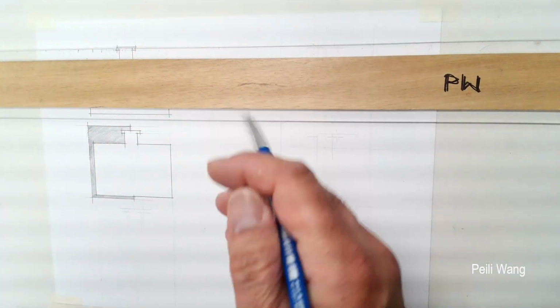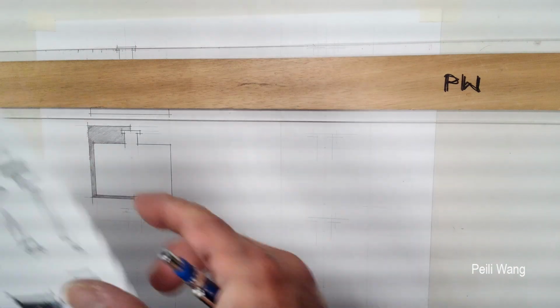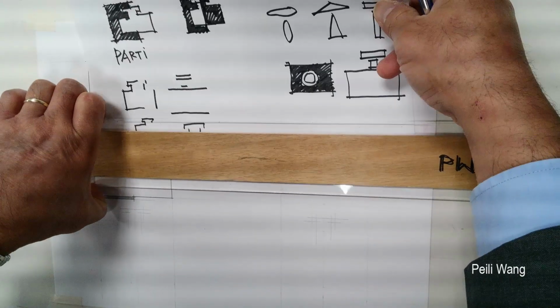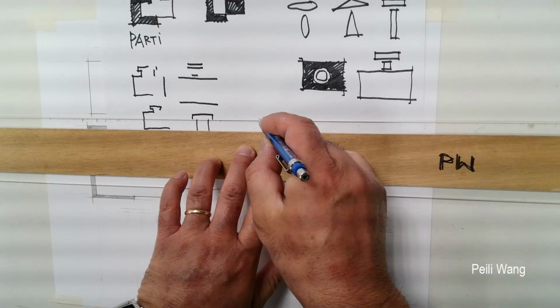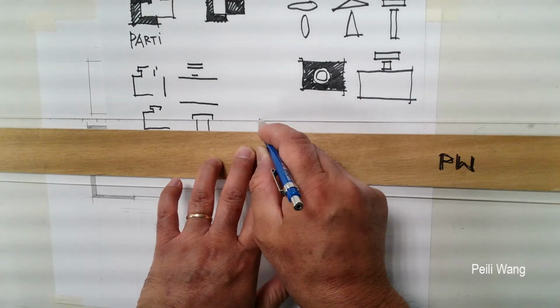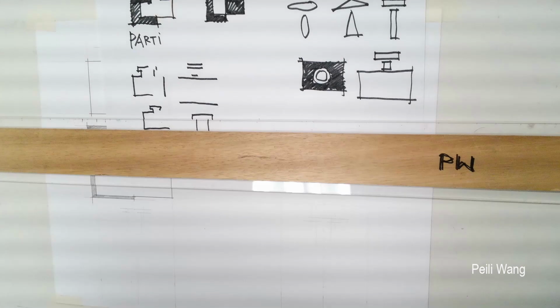Okay, when you make any line, make sure if you use a line, start. Take a look at start. I use a 4B to demonstrate.